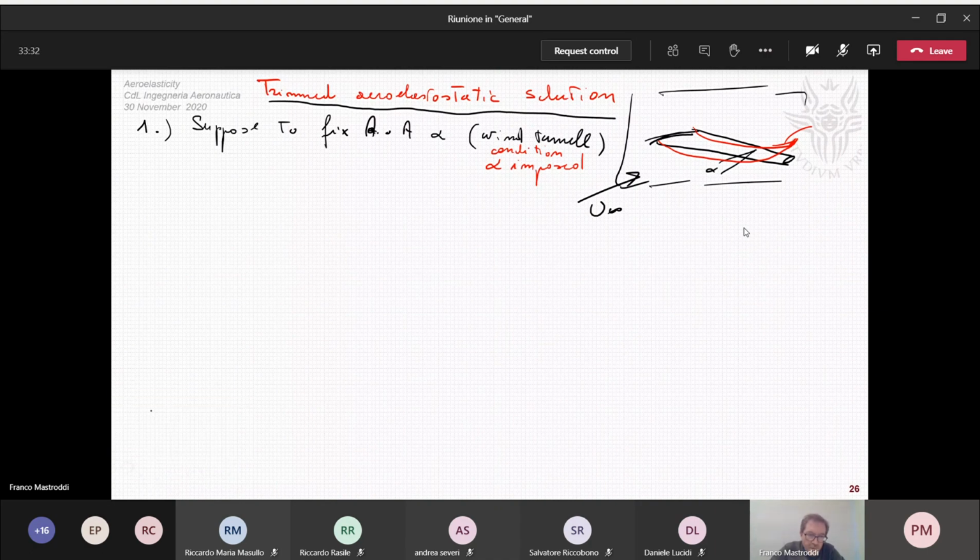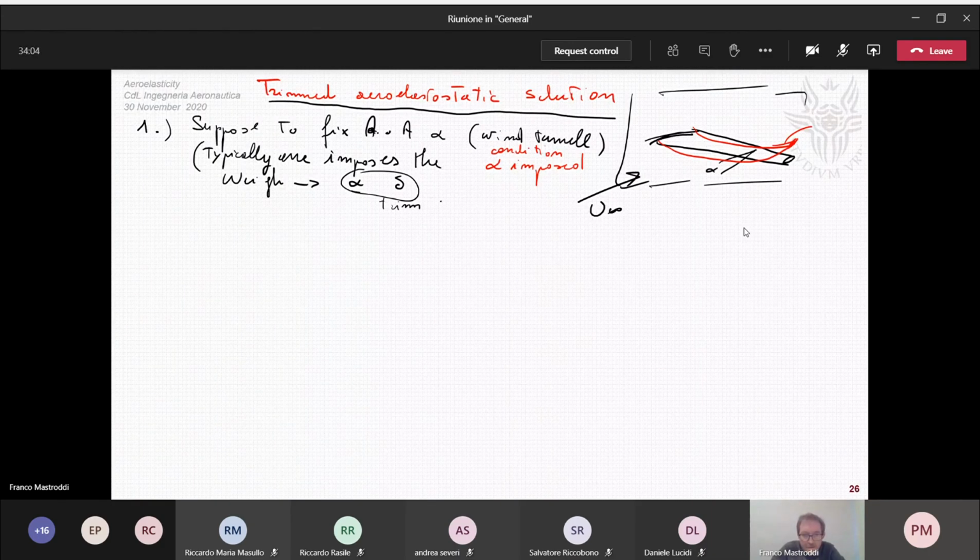For an aircraft, you typically impose the weight of the aircraft, and then one can evaluate the angle of attack and eventually the angle delta of the tail control surface in order to have a trim solution.